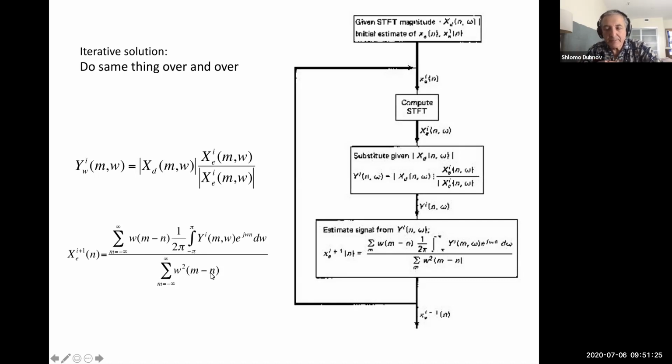We didn't prove the math, but this is the step that you have to follow. So you invert this with the windows and you do some sort of normalization here. And this becomes your next step, and you go back here and you go over and over, and this is expressed in this kind of algorithmic form as a computational sequence of steps or a graph.